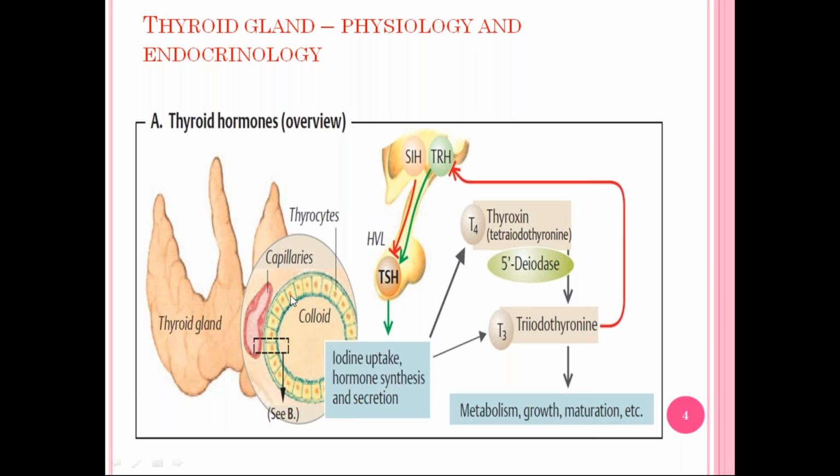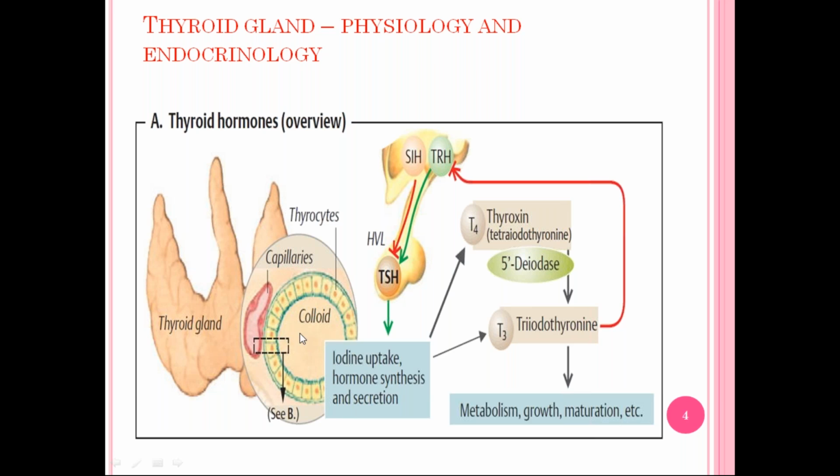You can see these are the cuboidal cells, this is the nucleus, this is the apical membrane, and this is the basal membrane. The iodide which is present in the diet is taken up by the follicle. It is actively transported into the follicle, by what? By sodium also.